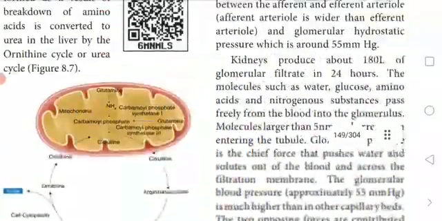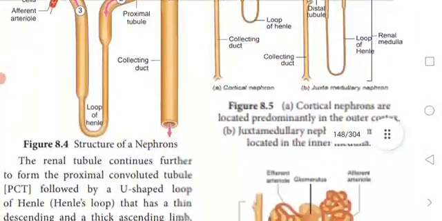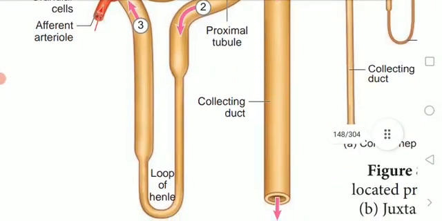The next one is the PCT. PCT means proximal convoluted tubule. Here in the PCT they absorb glucose, lactate, amino acids, sodium, and water. The filtrate is reabsorbed in the PCT. What is the PCT? I'll show you here. PCT, proximal convoluted tubule, in this area.